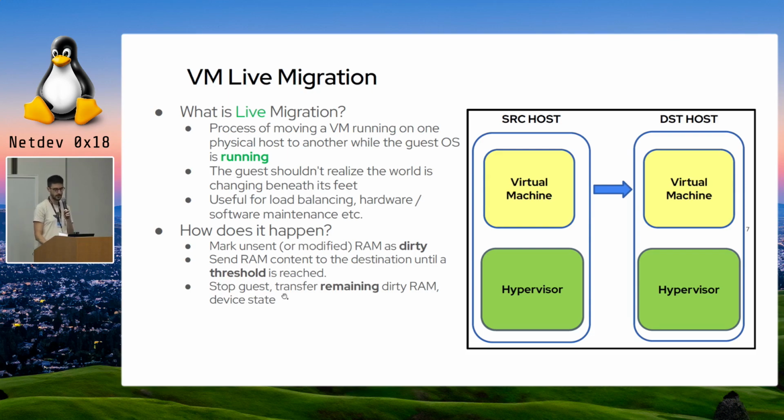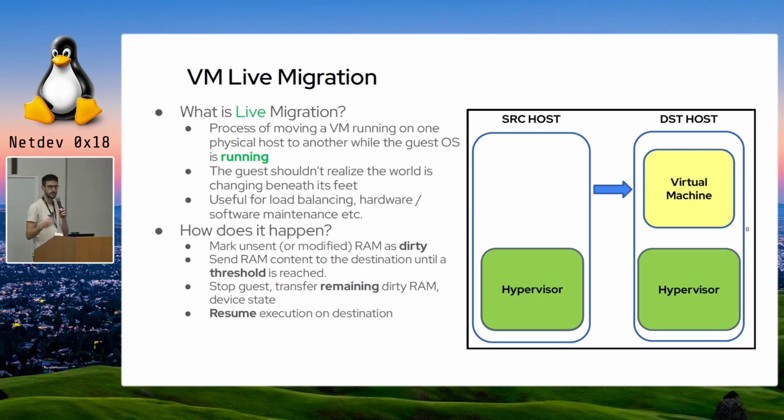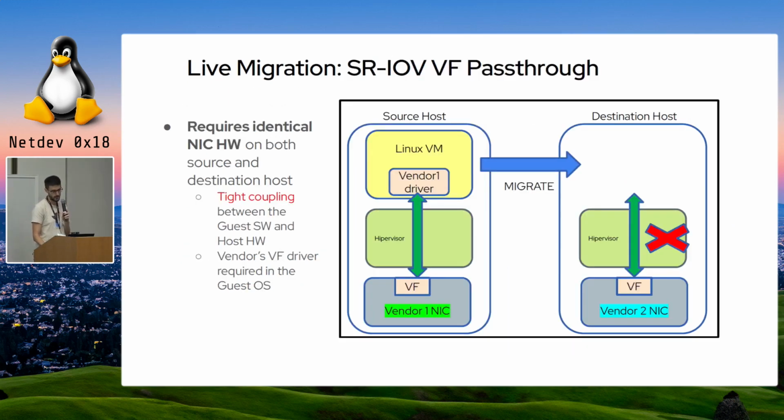And after this threshold, we must stop totally the guest CPU, transfer all the remaining RAM, and then all the device states, all the devices that the guest sees, need to transfer that state, and then resume all the execution in the destination. Again, the guest is totally unaware of all of this.